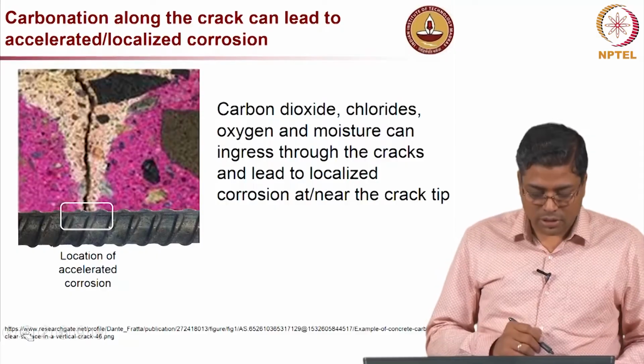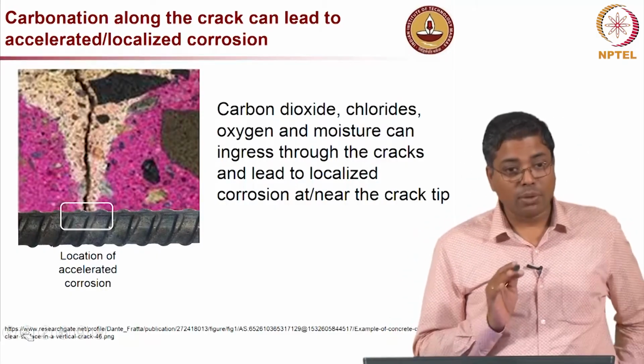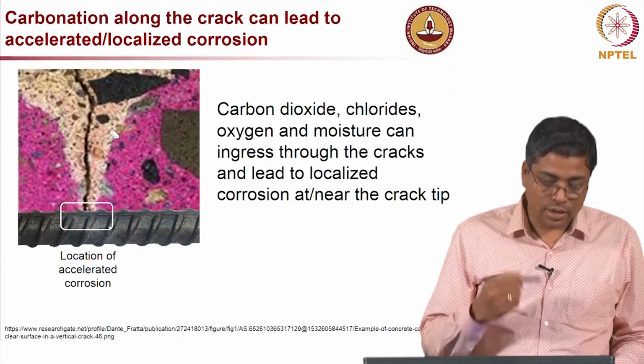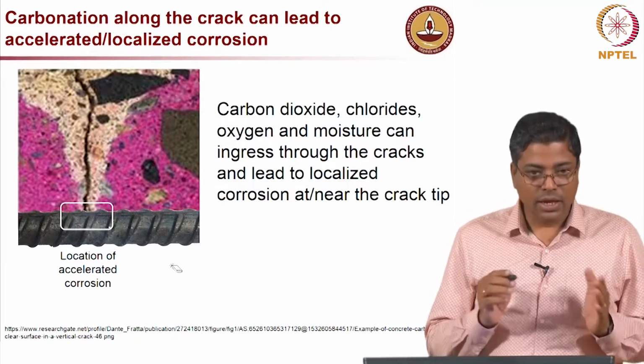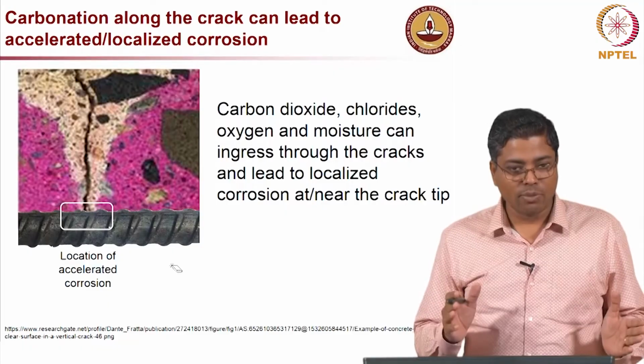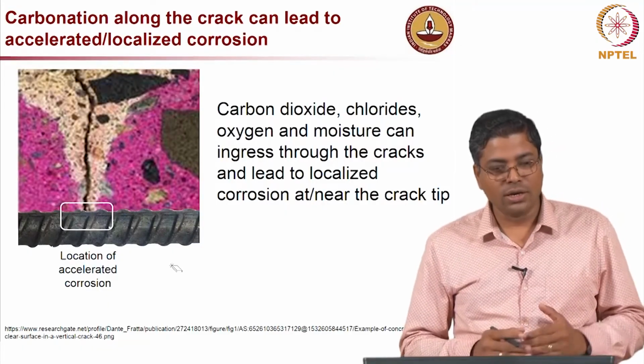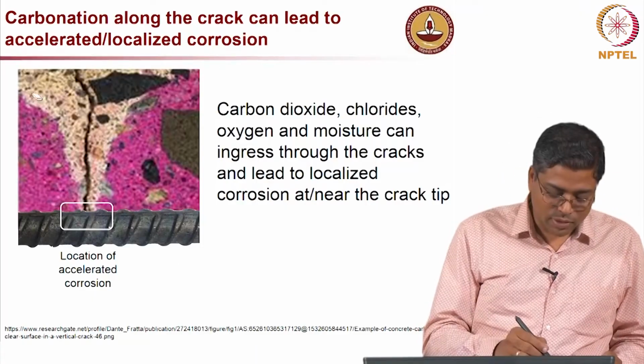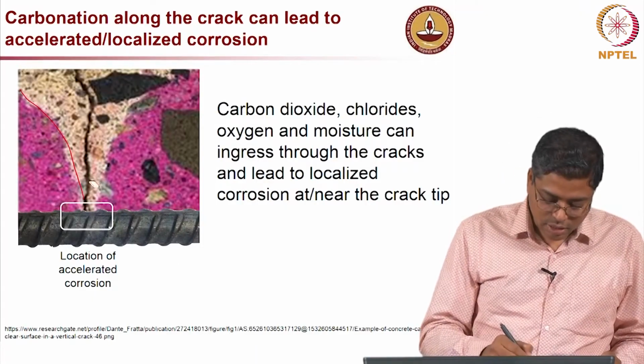Now, this picture shows how carbonation can happen all along the crack. Very clearly, earlier we said if pH is greater than 9, then that means concrete is not carbonated. If it is less than 9, then the concrete is carbonated, which is indicated by this region.